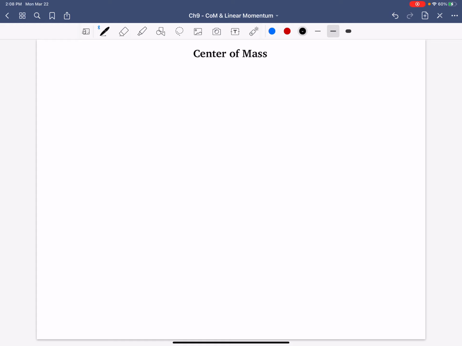And so we have to talk about a concept called the center of mass. And as you may suspect, it's pretty much what the name implies, right? You have a mass of some shape, and we want to find the center point.